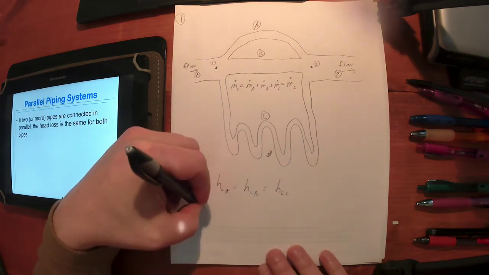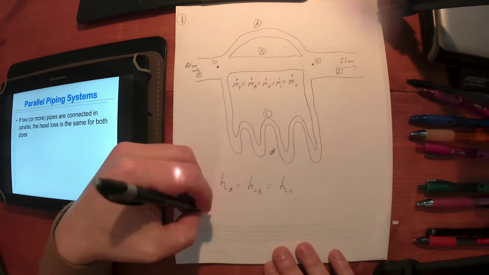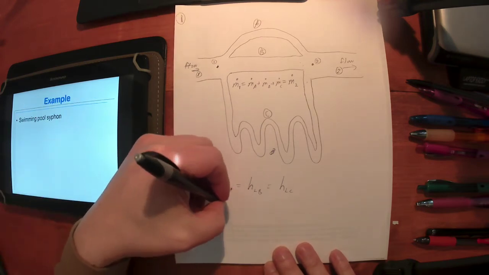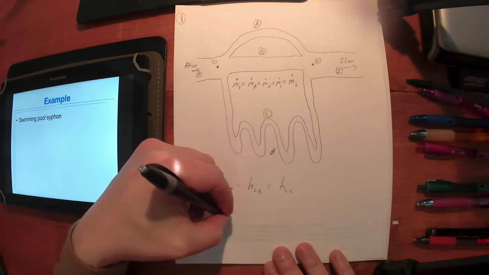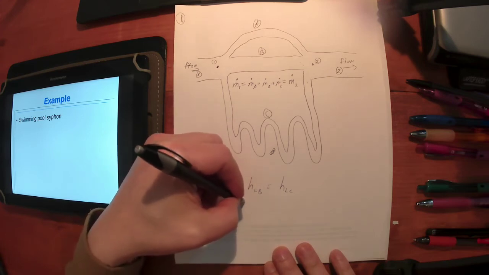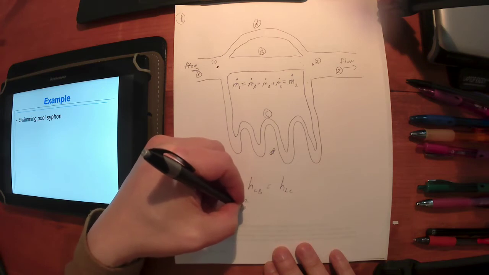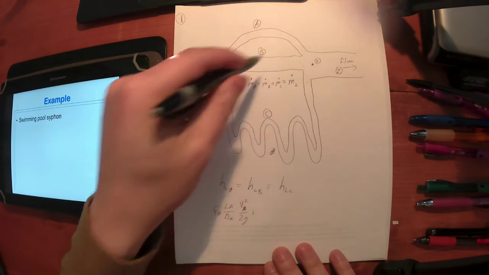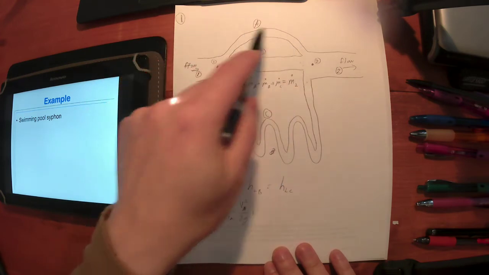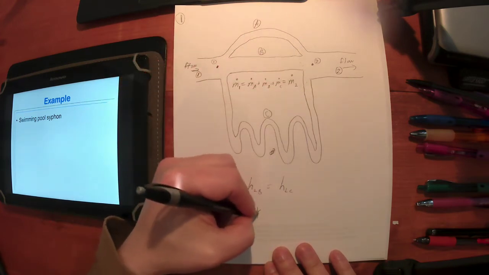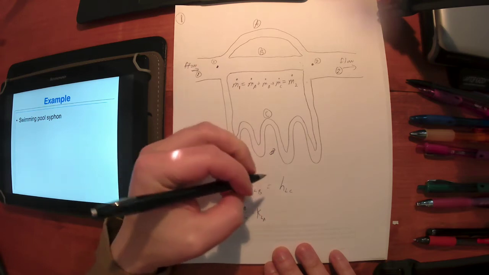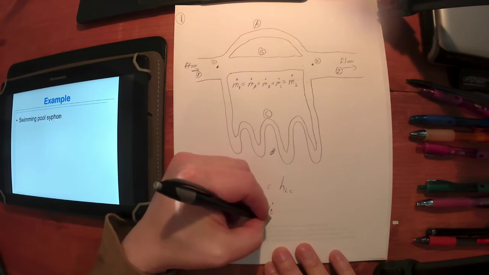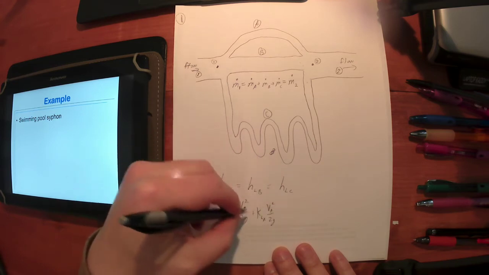And so pipe A has a Darcy friction factor for pipe A times the length of A divided by the diameter of A times V squared for pipe A divided by 2g. And there's going to be a tiny minor loss here because the flow is changing. It's going through a bend here. So plus the minor loss associated for pipe A times, again, V_A squared over 2g. All right, so that's going to be the head loss for A.